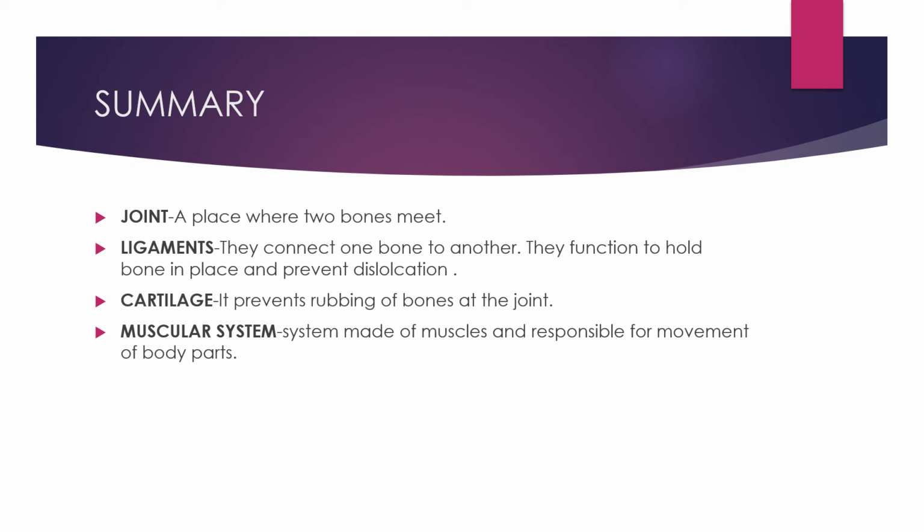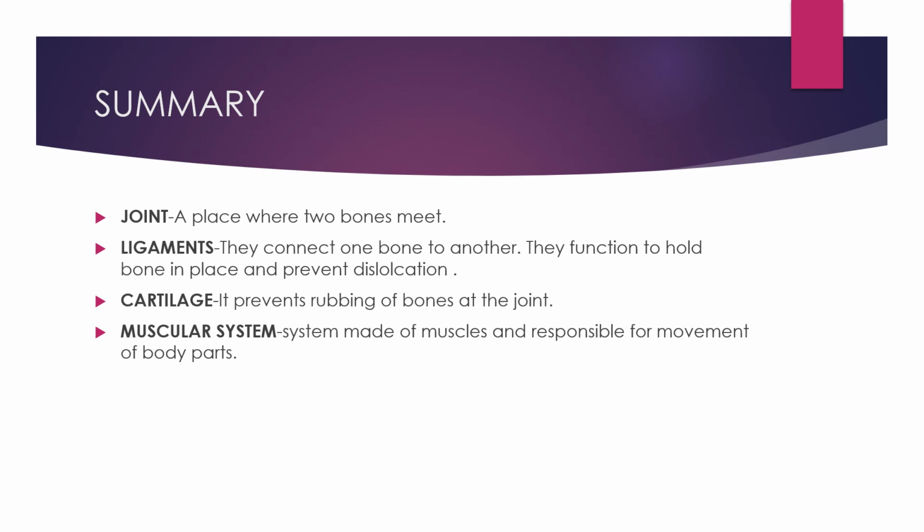We'll quickly summarize the whole chapter in the form of some keywords. These are new, so let's discuss them once again. What is a joint? A place where two bones meet. The two bones are joined together with the help of ligaments. They also prevent dislocation. Now third is cartilage.